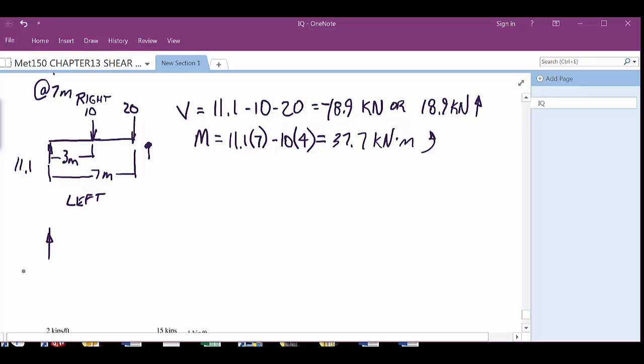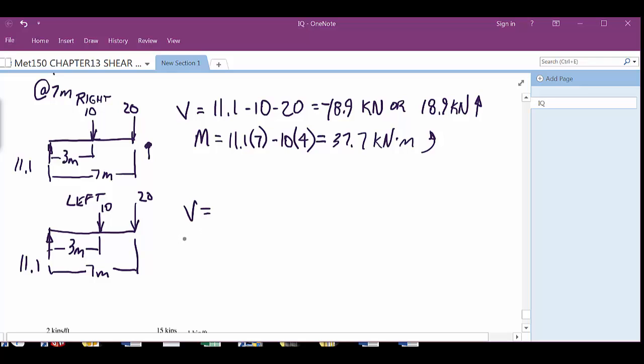We got 11.1, 10. Everything's the same on this, right? 20. And we've got 3. And 7. Shear.